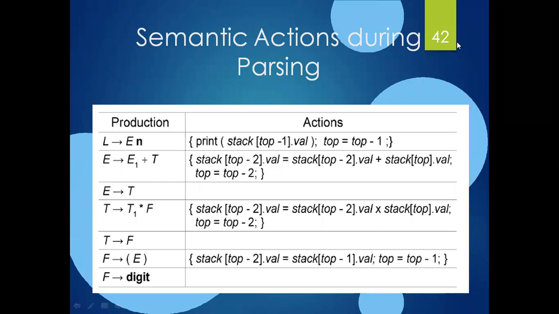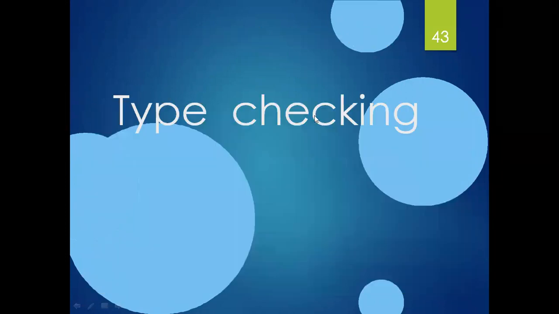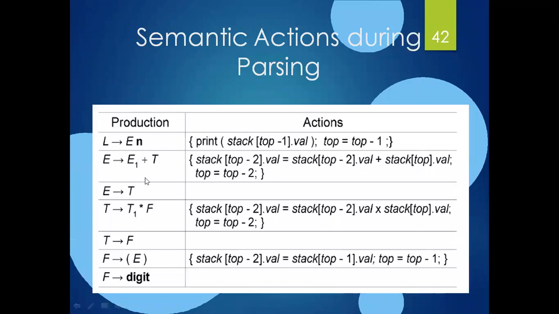While coming to the fourth rule, again the right hand side of the production is pushed onto the stack. Now which one becomes top minus 2? T becomes top minus 2, star becomes top minus 1, and F is on the top of the stack, right?